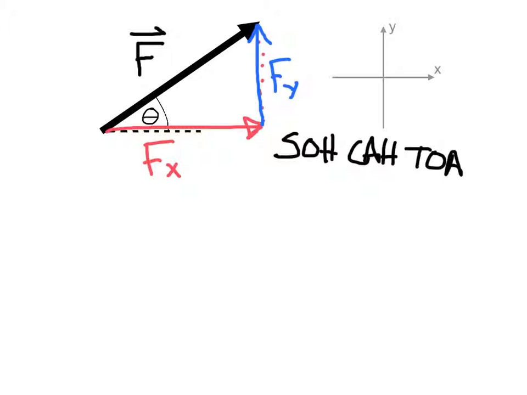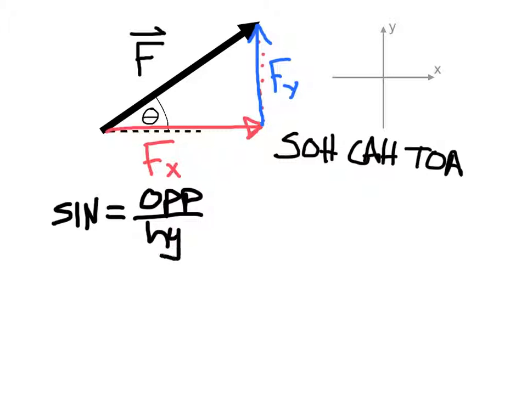So first we could look at sine. And we know that sine is the opposite over the hypotenuse. So what that means for us is that sine of theta is the opposite side.